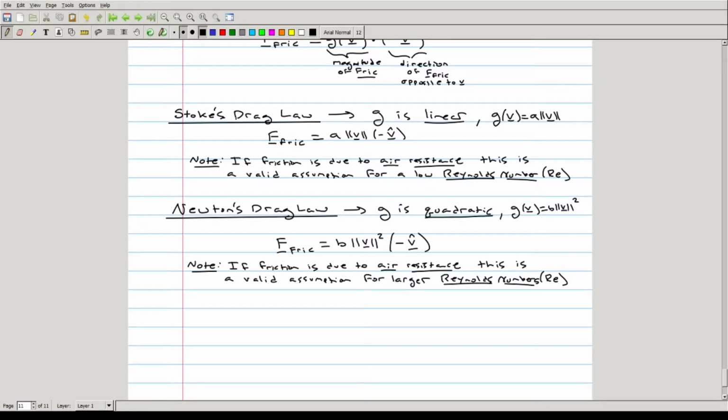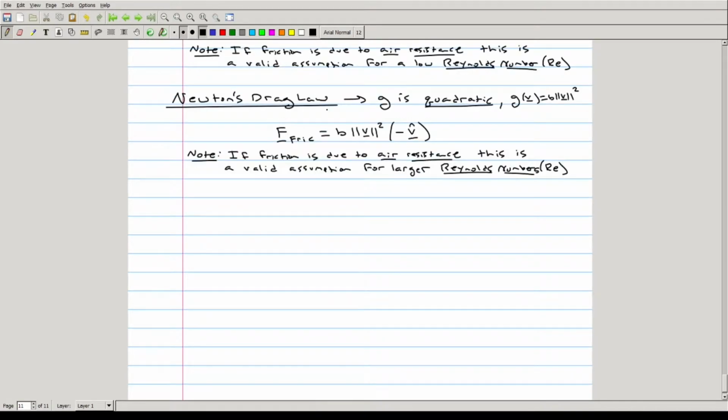And just like before, the drag law might be a complicated combination of Stokes, Newton's, and maybe a more complicated drag law as well, just like the expressions for the spring stiffness from before.